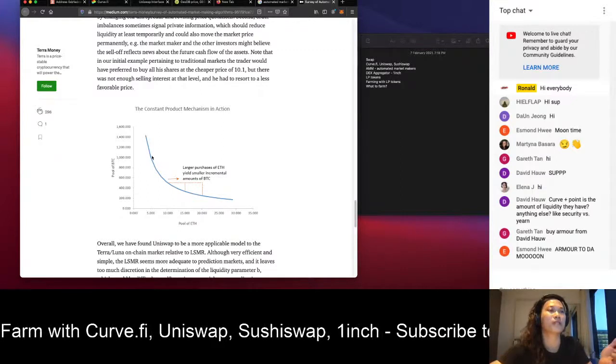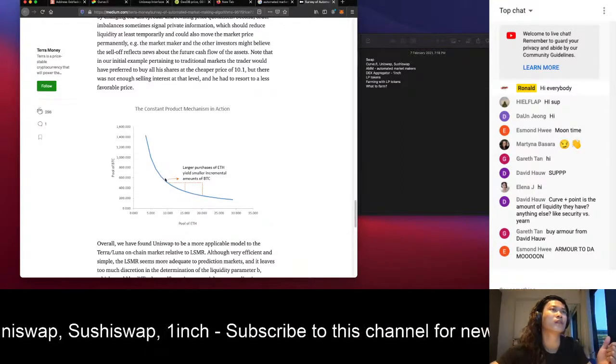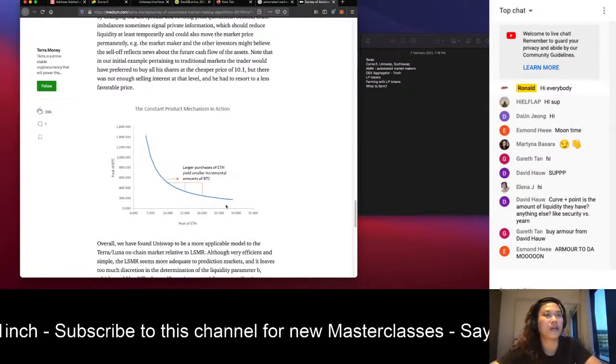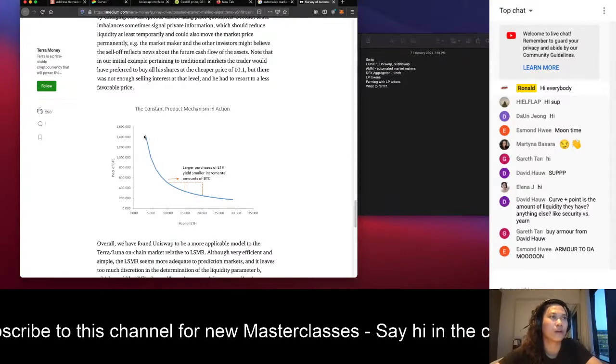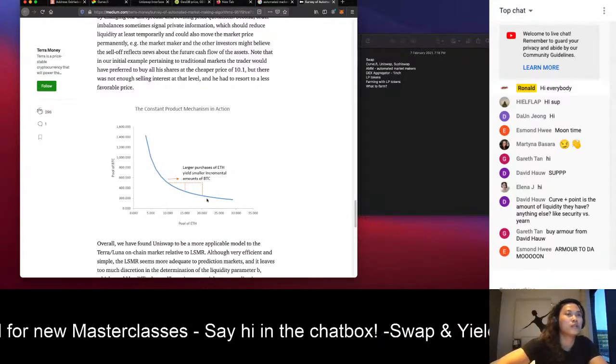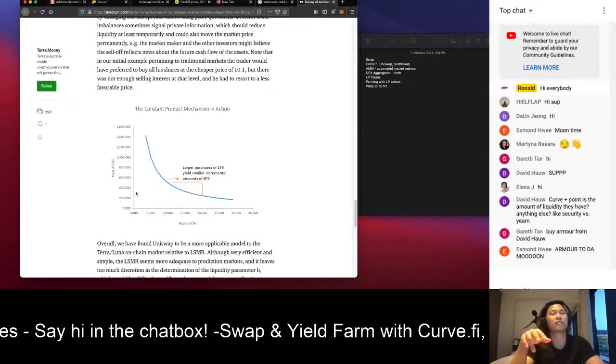And so what happens is that you would move along the curve such that the price would change, okay? And at any one point of this curve, if you take y divided by x, where it is on this graph, you will get the price.